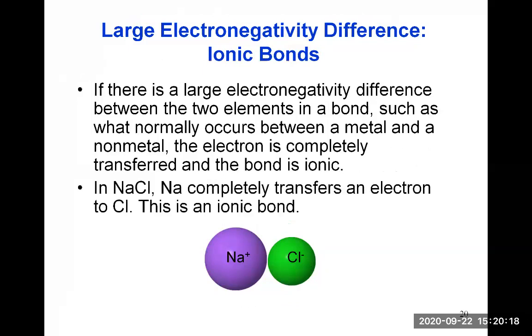A typical example is NaCl, sodium chloride, salt, where sodium completely transfers its electron and gives it away to chlorine, and chlorine grabs it and becomes a negative ion. So these are ions bonded together, and that's why we call this an ionic bond. So ionic bonds happen when there is a large electronegativity difference between the bonded atoms.